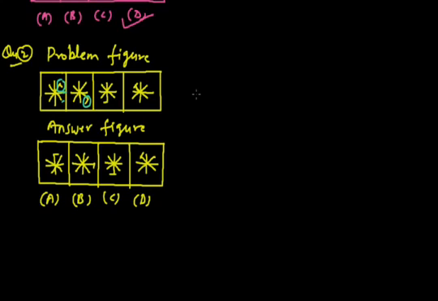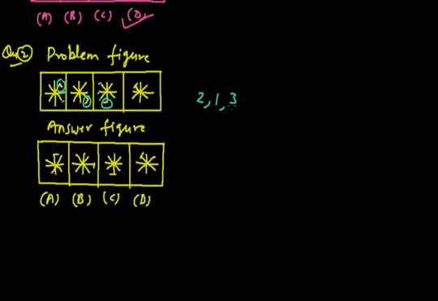So the sign moves in clockwise direction two positions, and next from second to third this moves in clockwise direction one position here, and next from third to fourth this moves in clockwise direction three positions here, 1, 2 and 3.